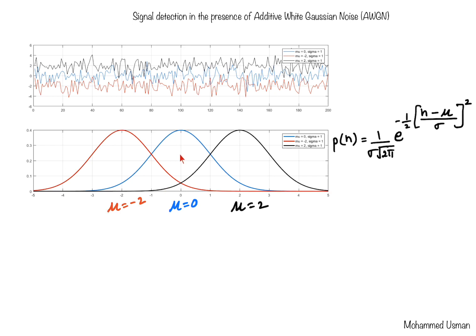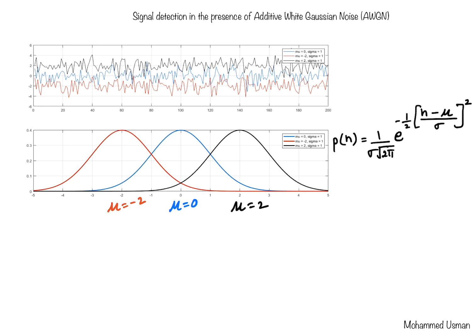So for the blue PDF it is symmetric about 0. For the black PDF it is symmetric about 2, because the mean value is 2. And the red PDF is symmetric about -2, because the mean value is -2, right?